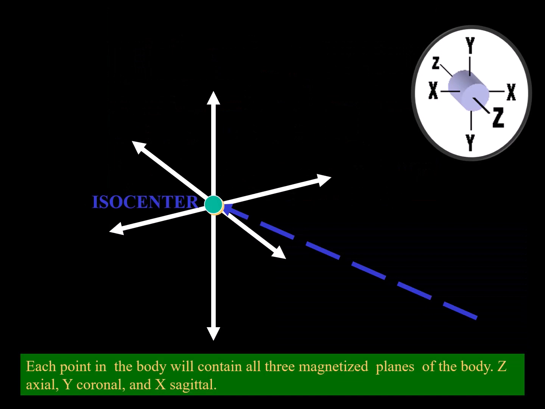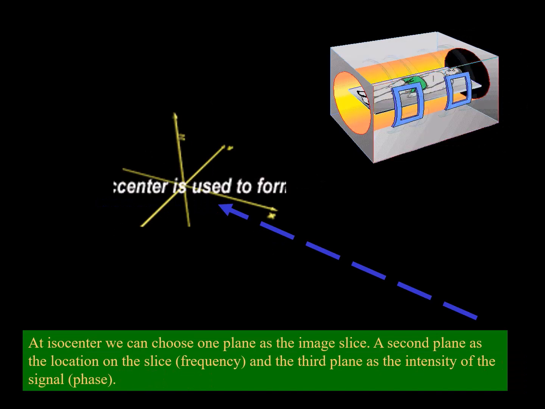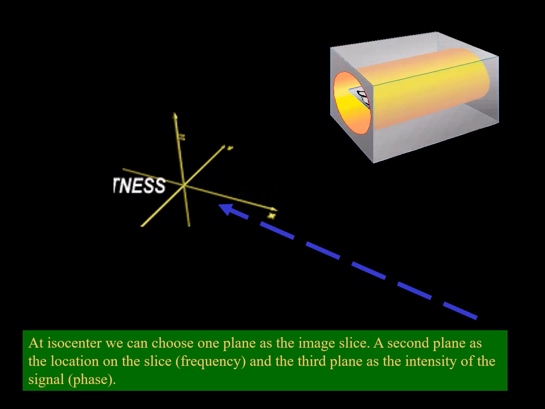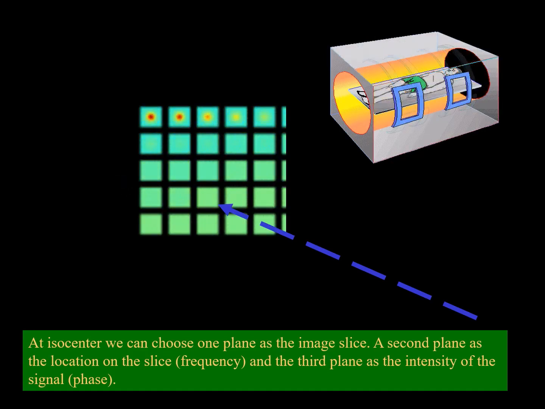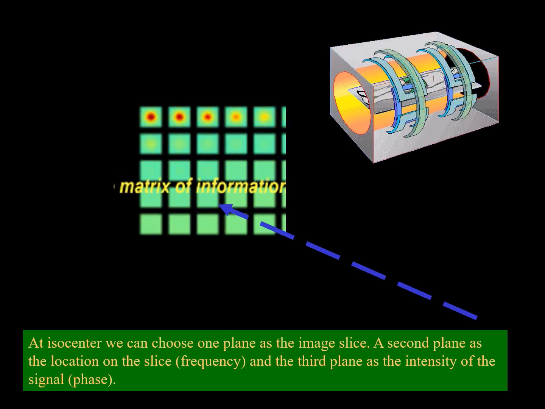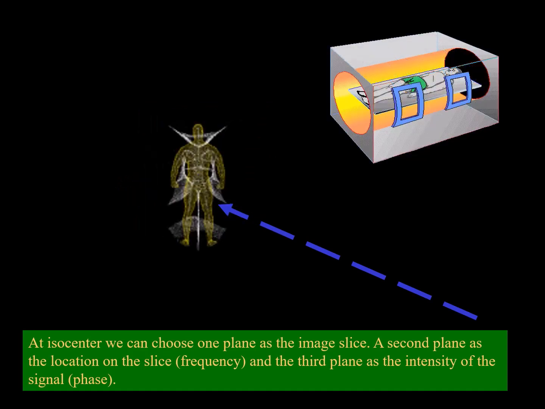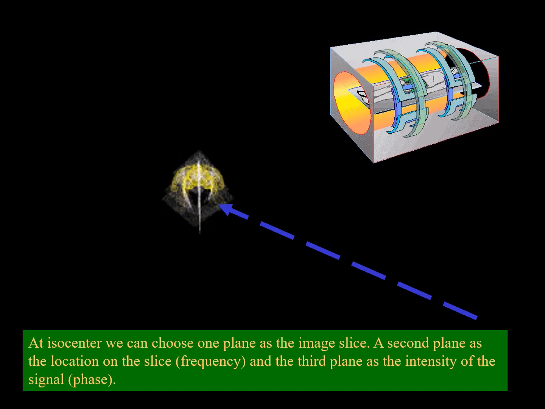We can map the body because each point in the body will contain all three magnetized planes: the Z or axial, the Y or coronal, and the X sagittal at that specific reference point. At isocenter, we can choose one plane as the image slice, the second plane as the location of the slice or the frequency, and the third plane as the intensity of the slice or the signal or phase.